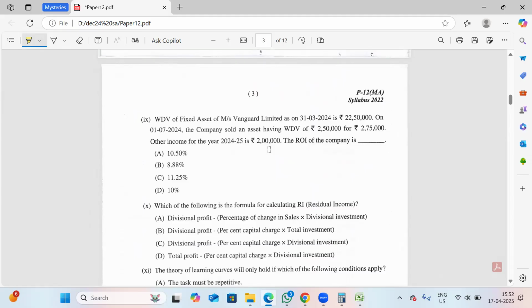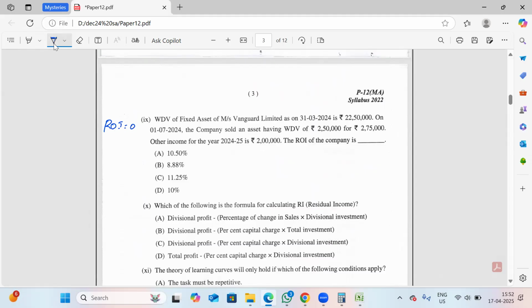So ROA is equal to operating income divided by operating assets into 100. So here, what is my operating income? This sale of fixed assets won't be part of operating income, right? So I have to exclude that. So my operating income, how much have they given? 2 lakh they have given.